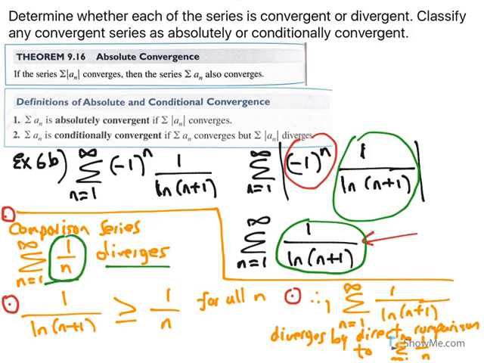And therefore, by the direct comparison test, this series, which can be shown to have larger terms than corresponding terms of the divergent comparison series, must also be divergent. And we state that as our conclusion here. This series diverges by direct comparison to the divergent p series.